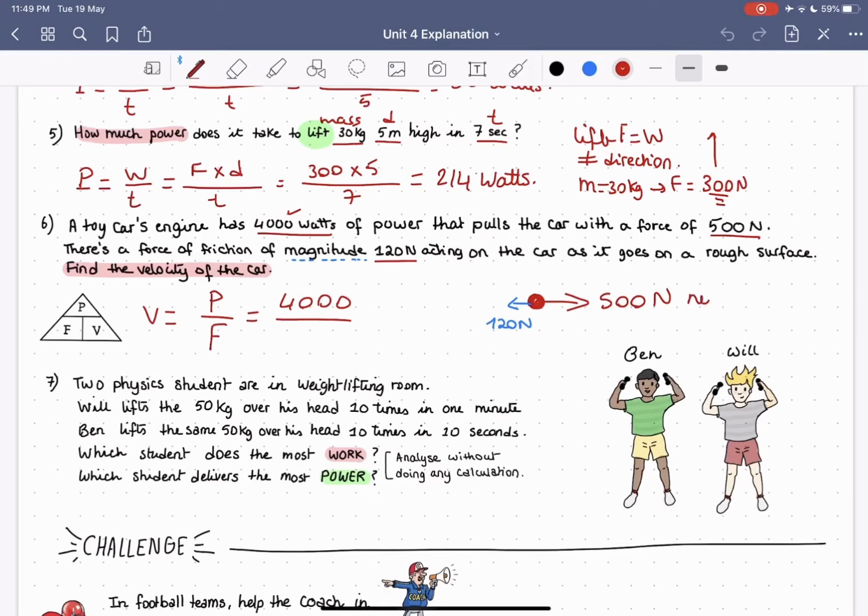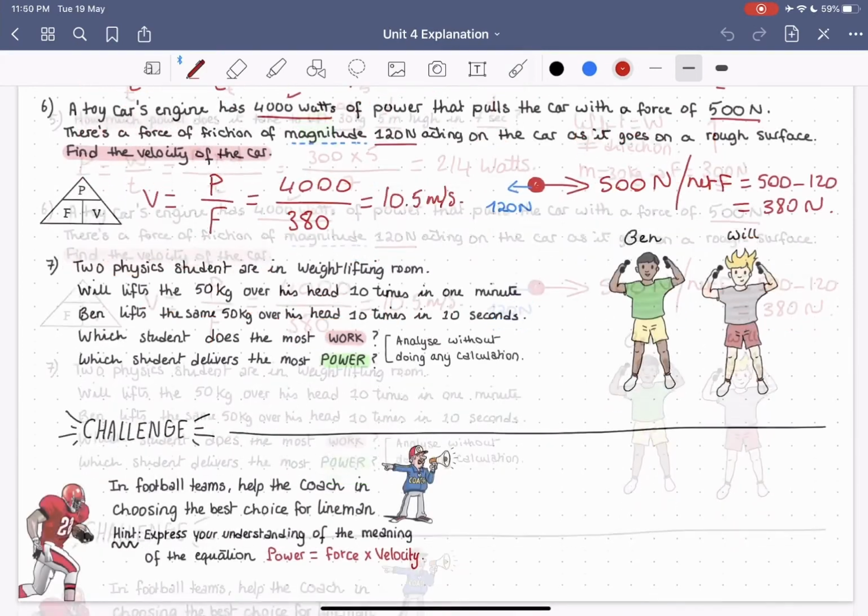And so the net force acting on the car is going to be equal to 500 minus 120, and that's 380 Newton. And so we will have 4,000 over 380, that's around 10.5 meters per second.